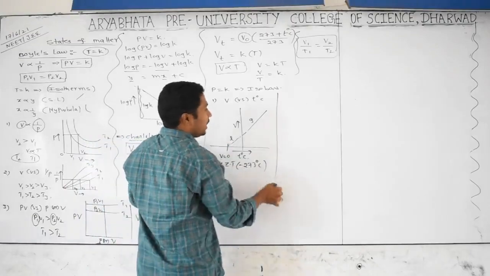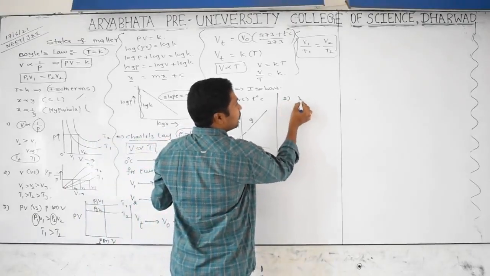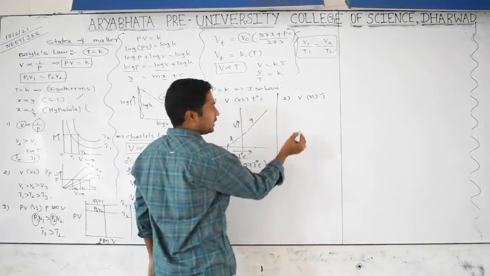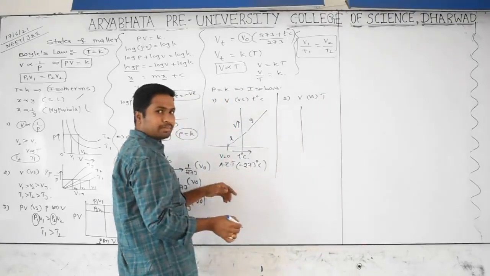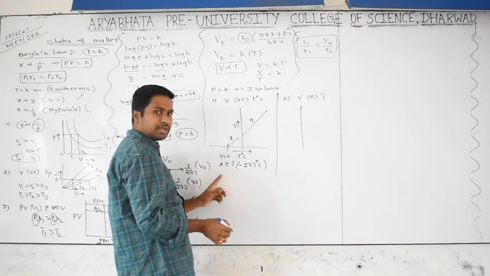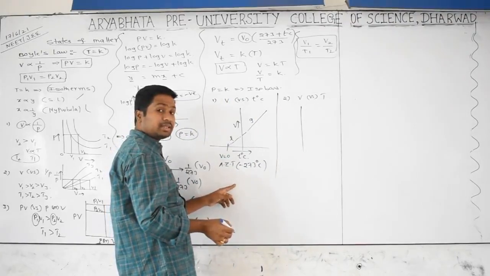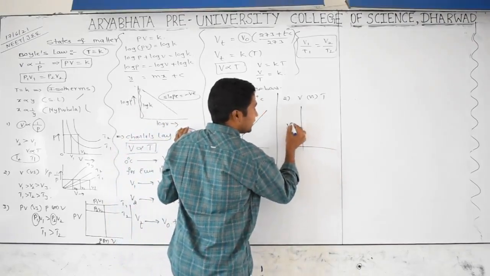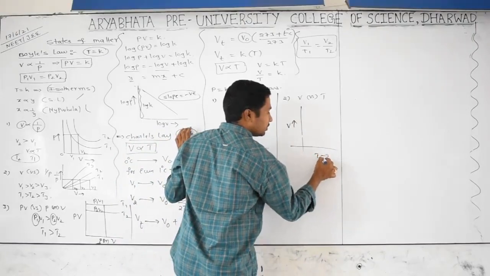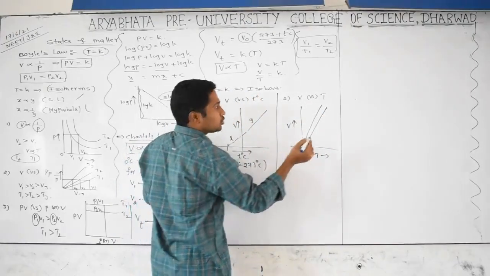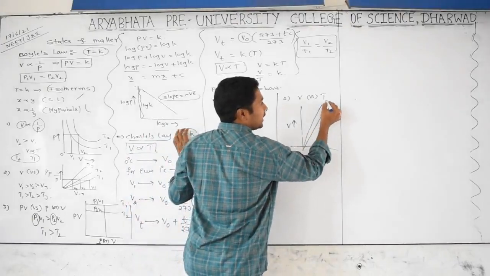Now I am plotting a graph of volume versus capital T, the Kelvin scale. Converting degrees Celsius into Kelvins means adding 273. Minus 273 plus 273 is 0 Kelvins. We get a straight line passing through the origin. These are P1 and P2.